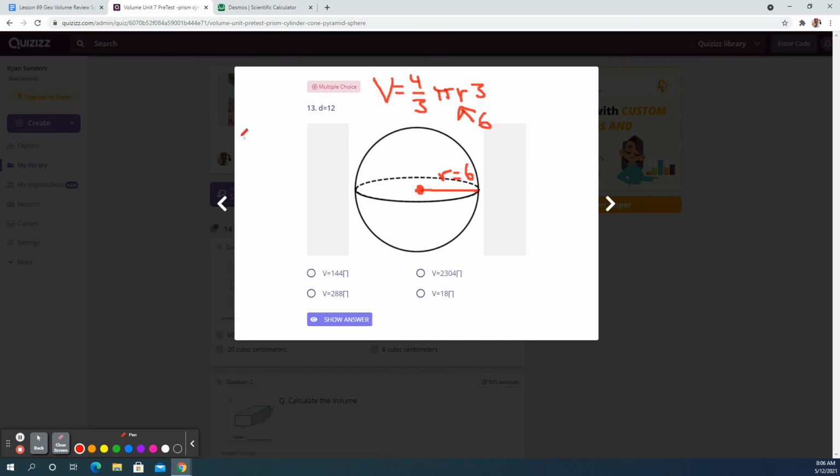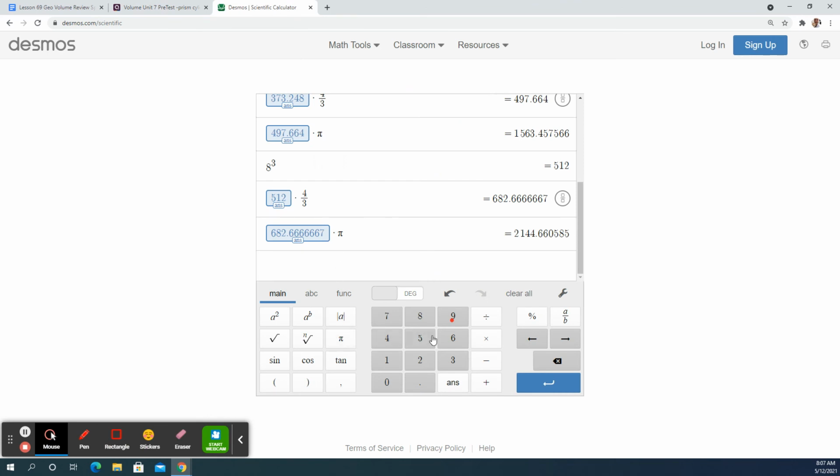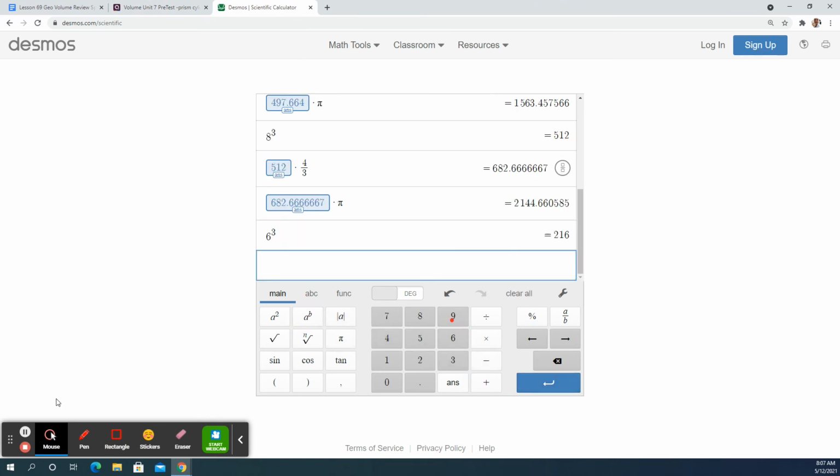So 4/3 pi 6 cubed. Exponents come first. 6 times 6 is 36, times 6 is 216.